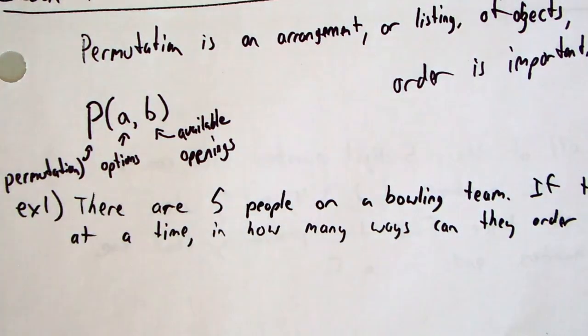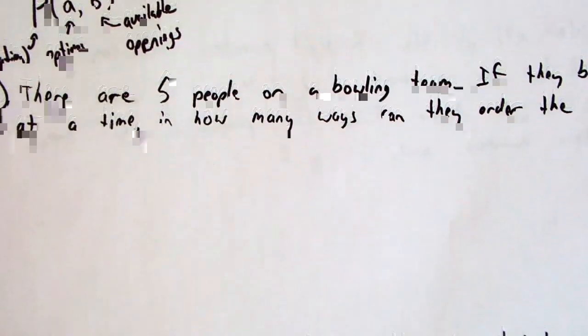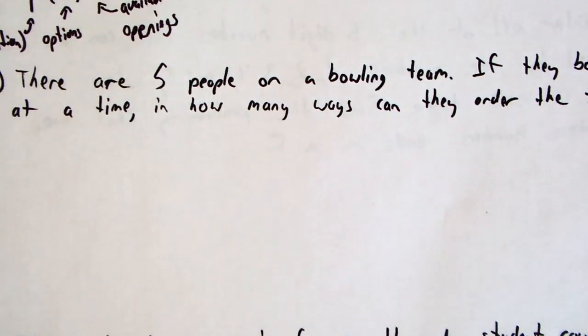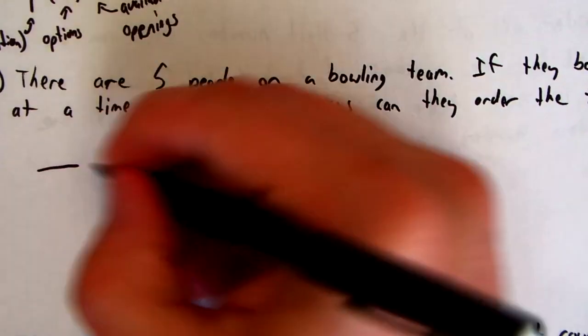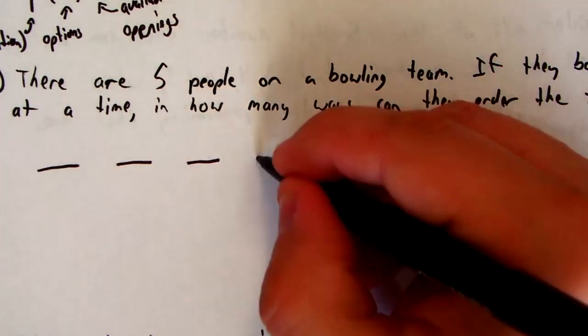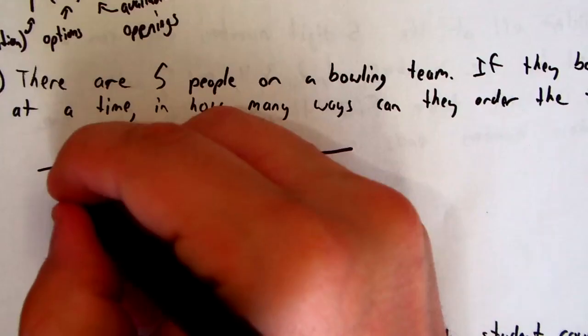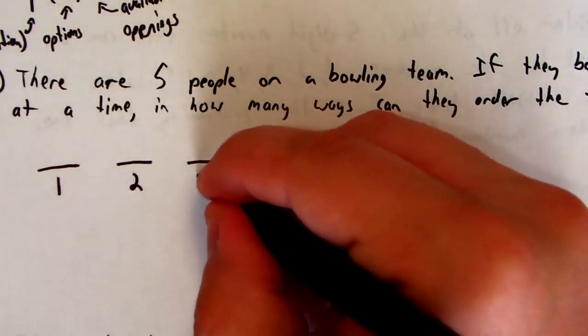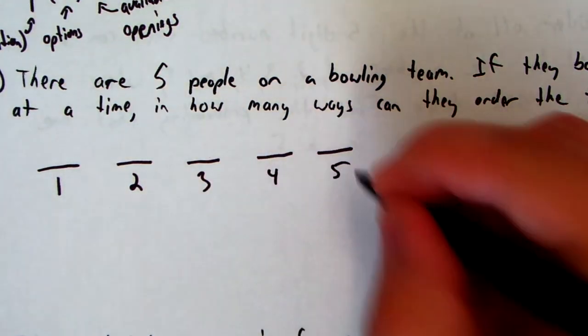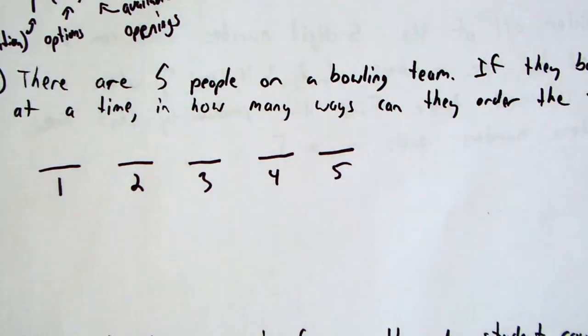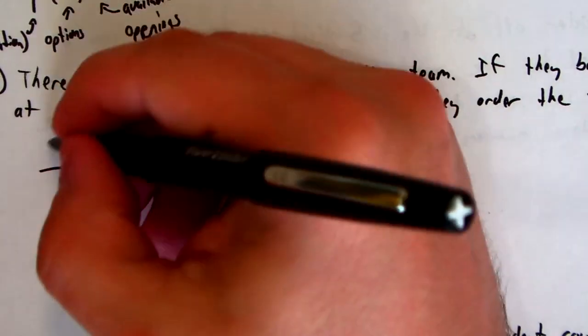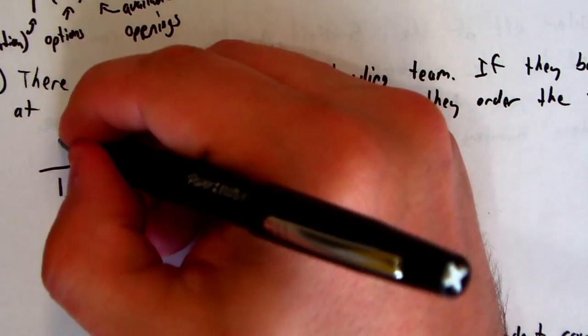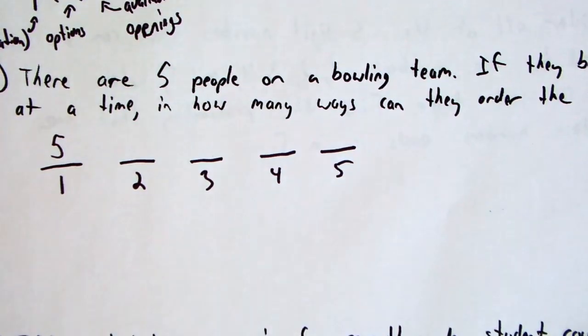Example 1: there are 5 people on a bowling team. If they bowl one at a time, which is what you do on a bowling team, how many ways can they order the team? You will have 5 positions that could be filled: the person going first, then second, third, fourth, and fifth. In the first spot, you have 5 people to choose from.